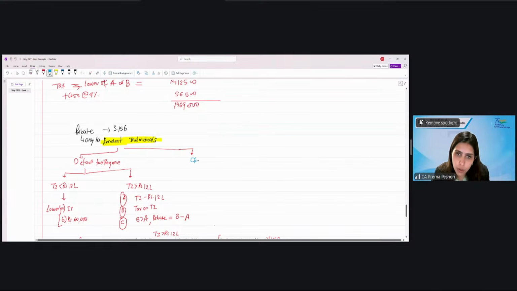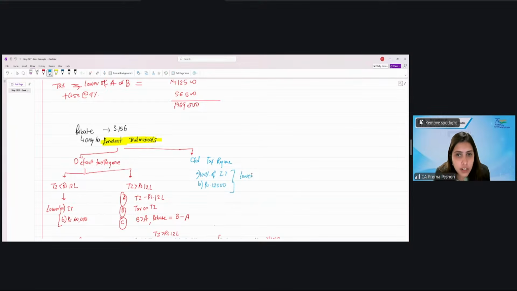We saw that for the old tax regime, the rebate is very, very simple. What is the rebate? Again, only resident individual is entitled for that, but it is 100% of the income tax or rupees 12,500, whichever is lower.